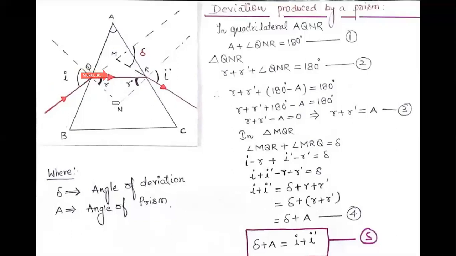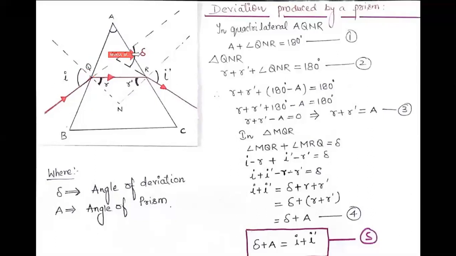Further, you see that this is the emergent angle, and this angle is equal to MRN. So this angle MRQ equals I dash minus R dash. We have these two angles MQR and MRQ.